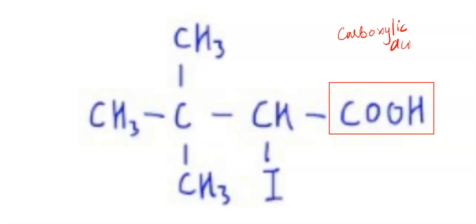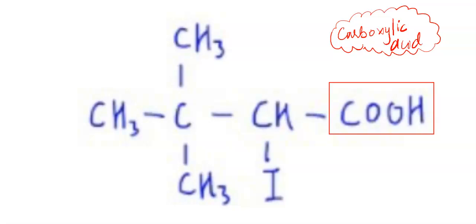A very important thing about carboxylic acid is that it is a terminal group. It is always number one, or we always start numbering from carboxylic acid.